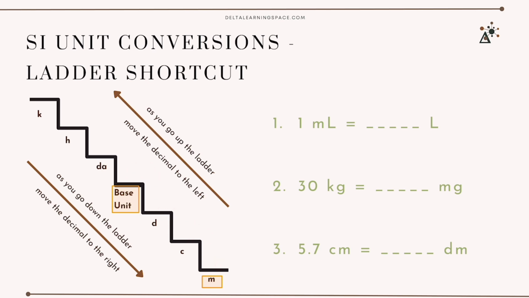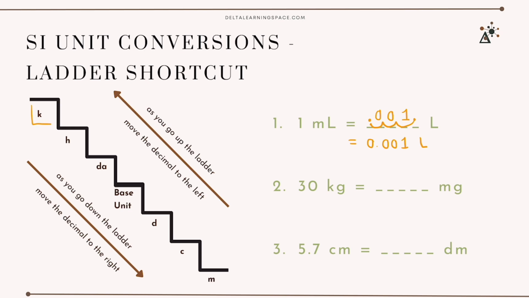And so we are going to take our 1, which always has a decimal to the right of it, even if it's not shown, and we are going to go to the left 1, 2, 3, and fill in placeholder zeros. So 1 milliliter will equal 0.001 liter.